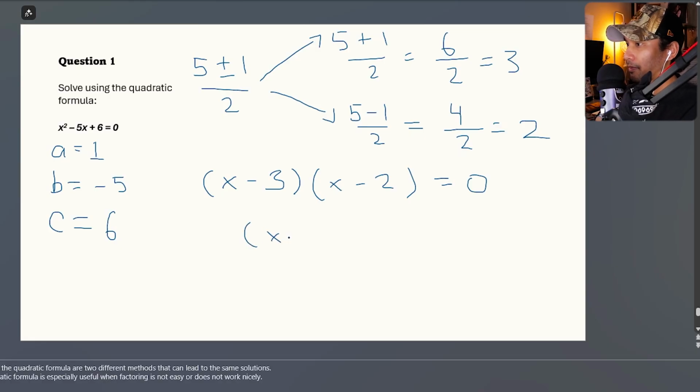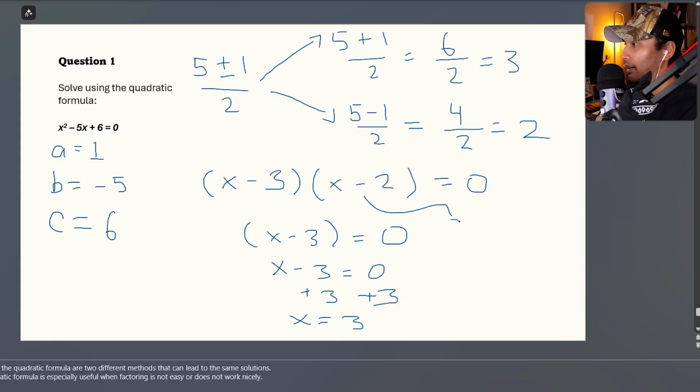You have x minus 3 equaling 0. And then that translates to x minus 3 equals 0, plus 3 plus 3, x equaling 3. And then you would do the same thing for this one right here. X minus 2 equals 0. And then you would just take out the parentheses and then plus 2, and then you get x equals 2.